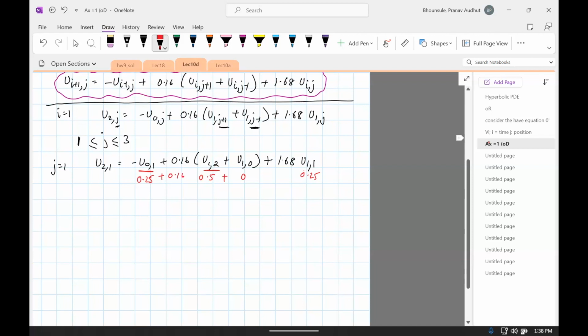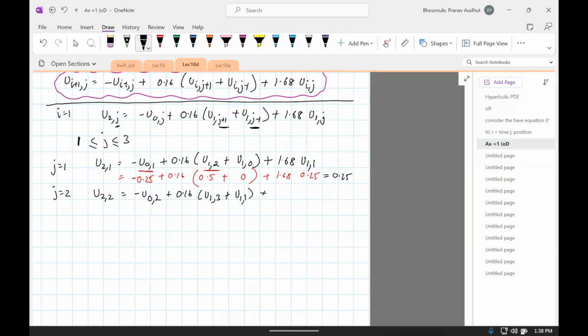Plus 0.16 plus 1.68, the negative side. So the answer to this is 0.25. Then we put j equals 2: u of 2, comma 2 is minus u of 0, comma 2, plus 0.16 times u of 1, comma 3 plus u of 1, comma 1 minus 2 times u of 1, comma 2, plus 1.68 u of 1, comma 2.